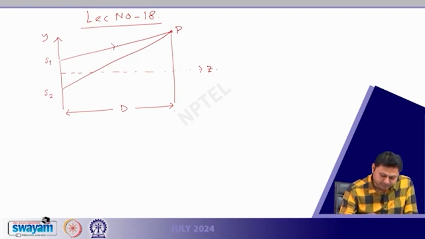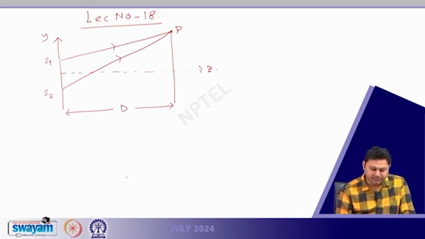Now, because of the different paths propagated by the light, S1P and S2P, there is a path difference, and that path difference leads to a phase difference and we get an interference pattern.